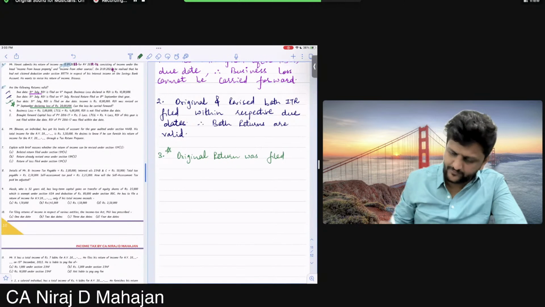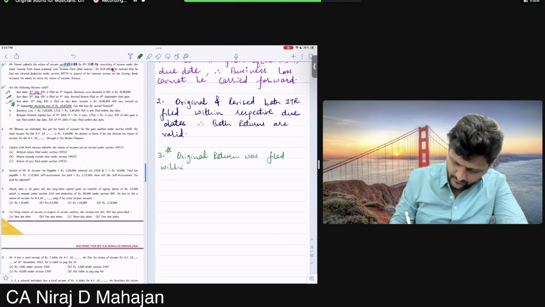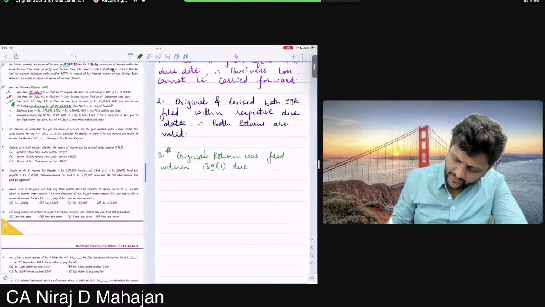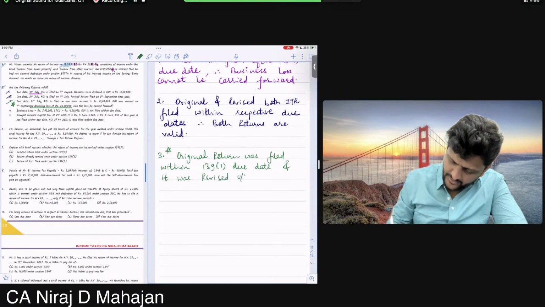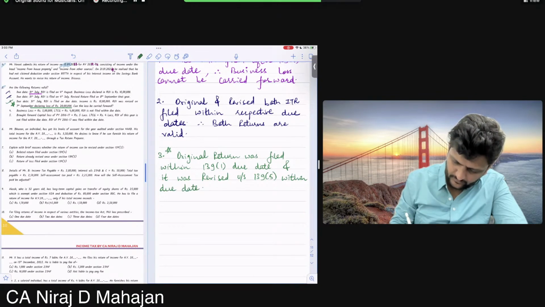Original return was filed within 139(1) due date, and it was revised under section 139(5) within due date. Yes, everybody?